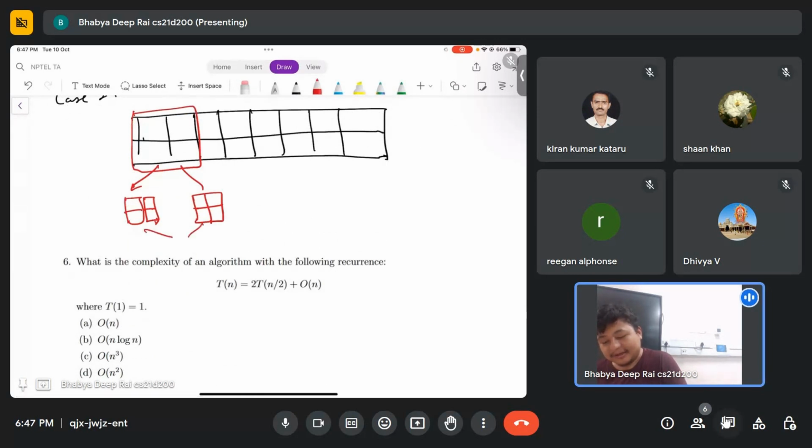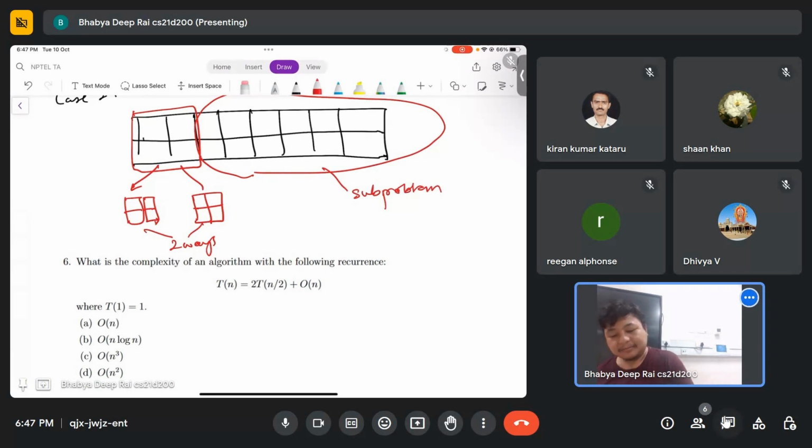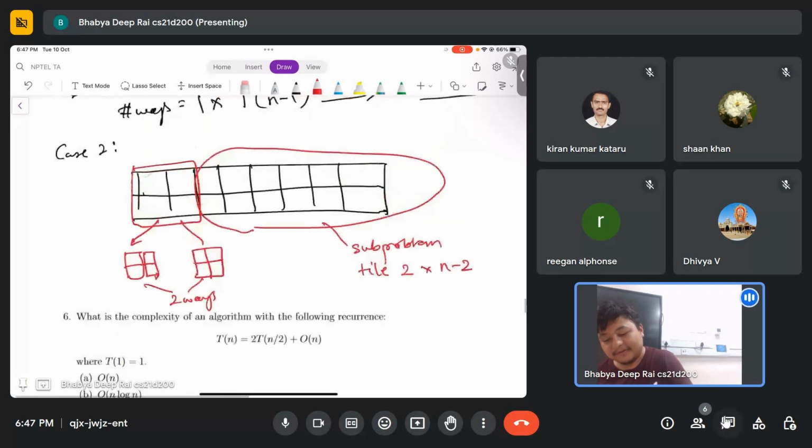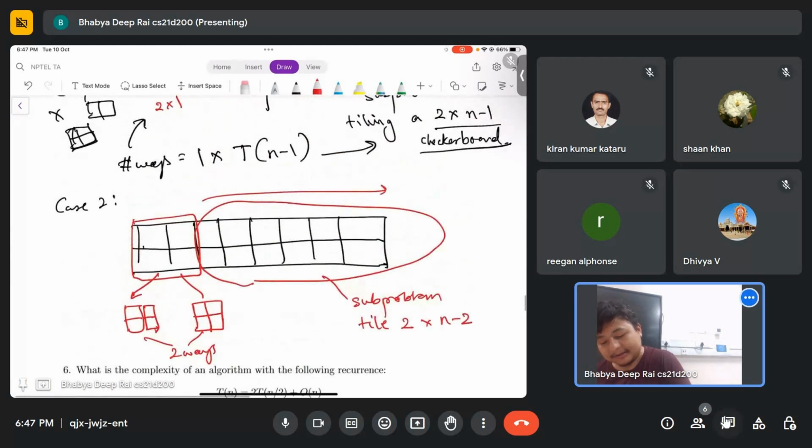So there are 2 ways to do this. And if you look at the remaining part, this is another sub-problem. What does this sub-problem say? The ways to tile 2 cross n minus 2. Observe that this is n minus 2, because this time we are looking at 2.